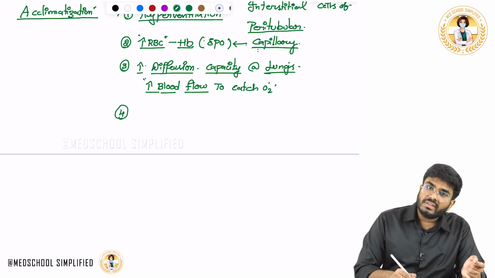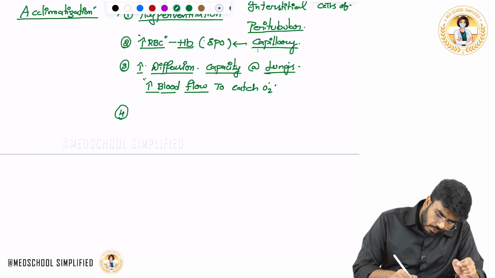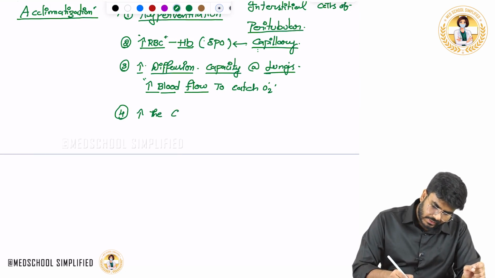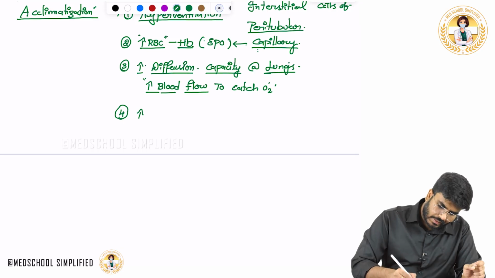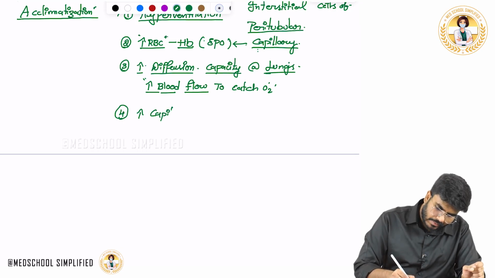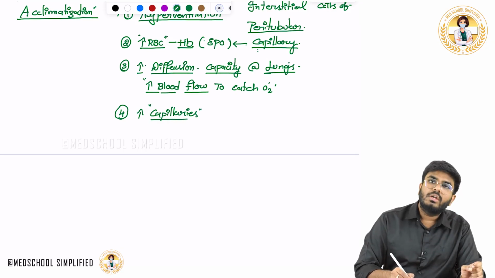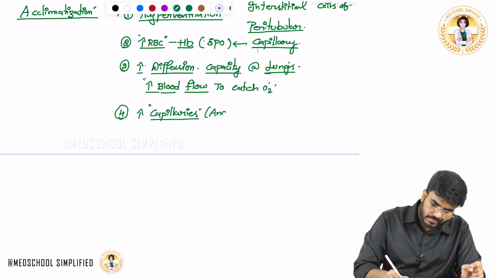So the tissues are going to increase the number of capillaries. More capillaries are going to come into the tissues. That's called angiogenesis.